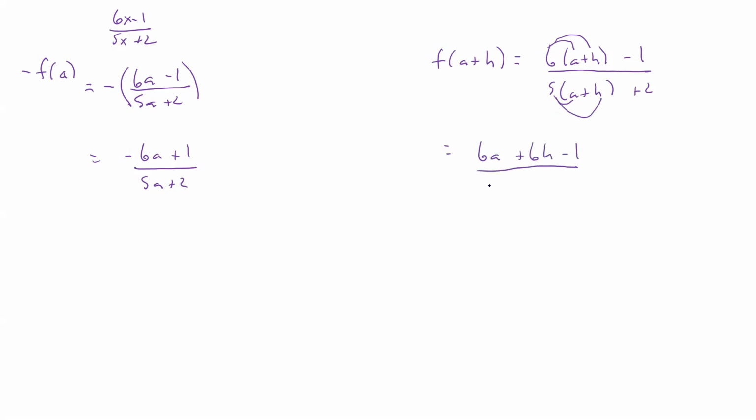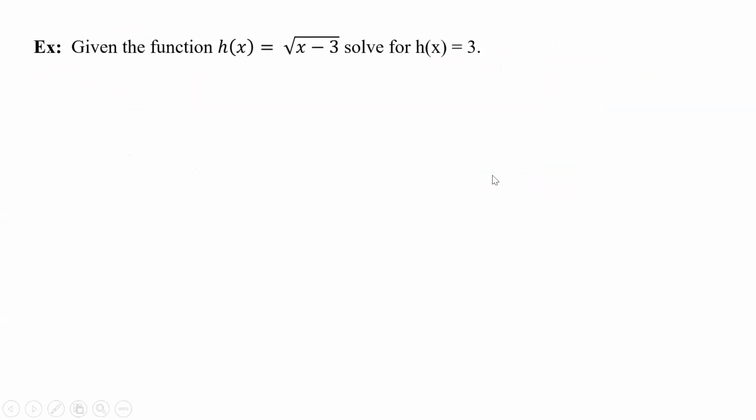The denominator will have 5a plus 5h plus 2. Okay. And so at that point, that's about as far as we can go, and so that would be our final answer, because we can't simplify. We have a's and h's and 1's, and here again nothing simplifies, and so we would just leave that as our final answer.